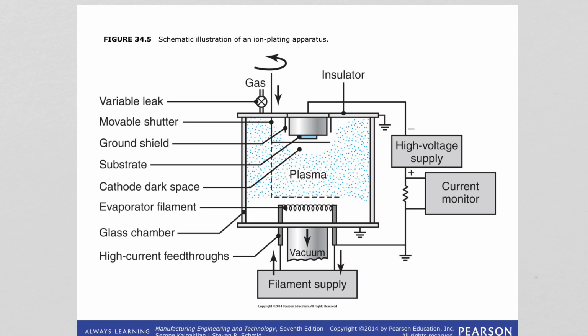Another technique is ion plating. This is like a combination of sputtering and vacuum evaporation. Basically, there is an electric field, as you can see, applied that causes a glow, meaning generating a plasma, and the vaporized atoms are ionized only partially.